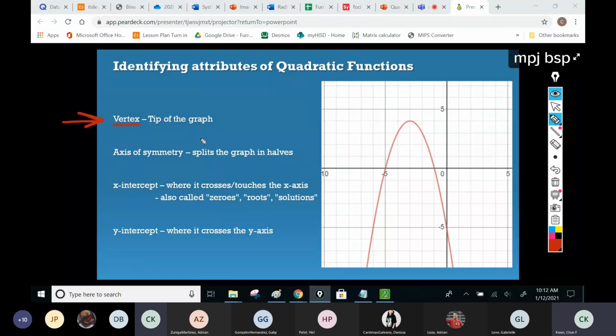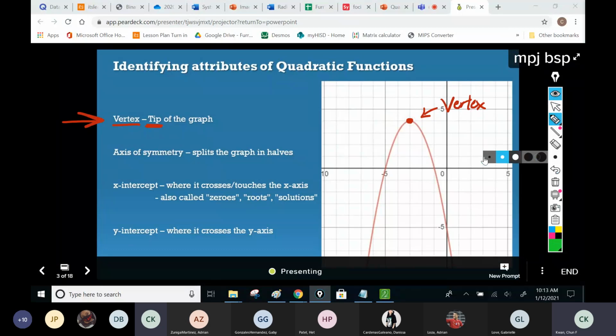The vertex is the tip of the graph. So that means it's going to be right here. All right, the tip of the graph, we call it the vertex. So that one should be pretty easy.